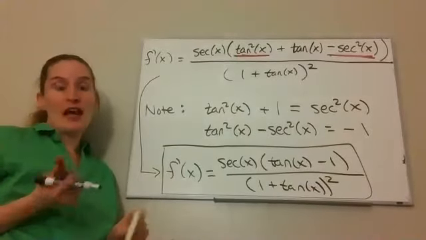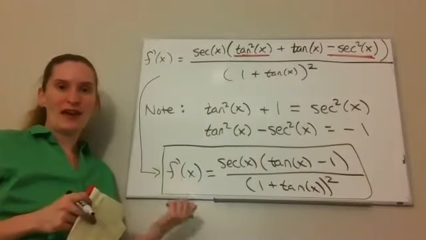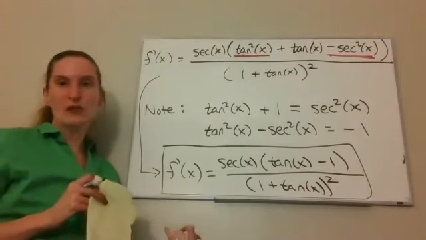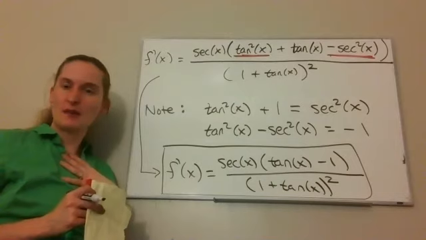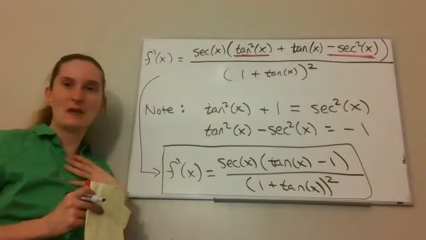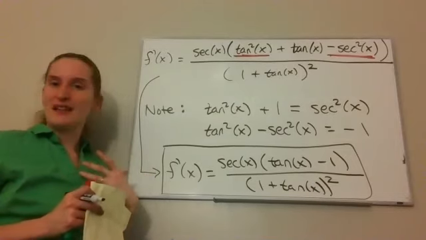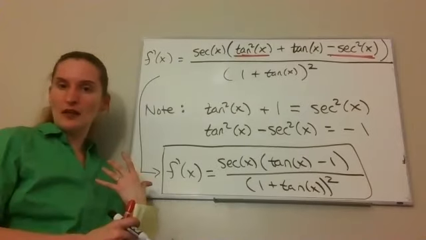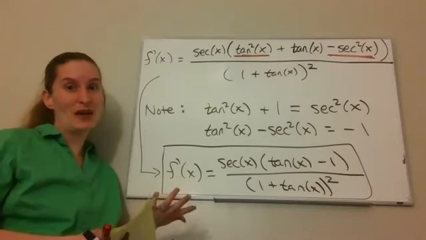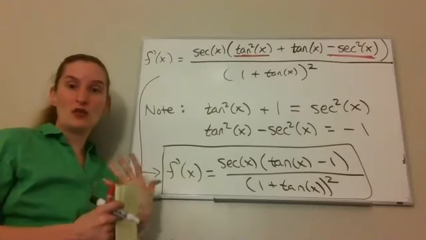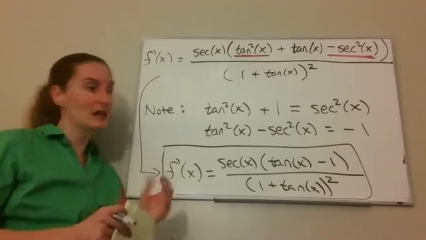I personally actually would have left my answer the way I had it before, right after just doing the quotient rule. I personally usually do not simplify my answers. I know that sounds like blasphemy, but unless I need to use it for more work, it's a lot easier to not do that. So I tend to leave it unsimplified. You should always do what your instructor happens to like.